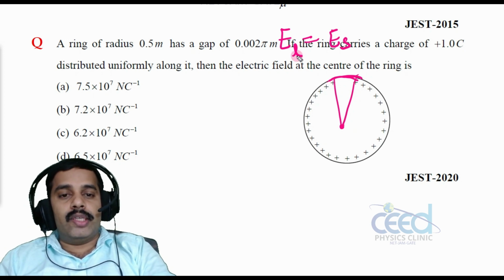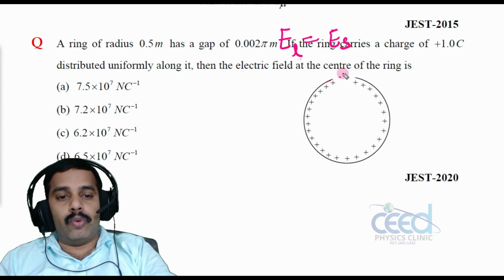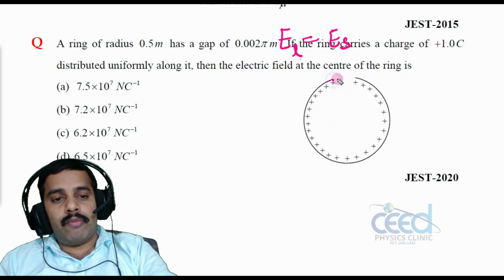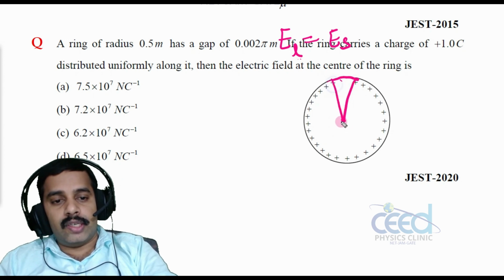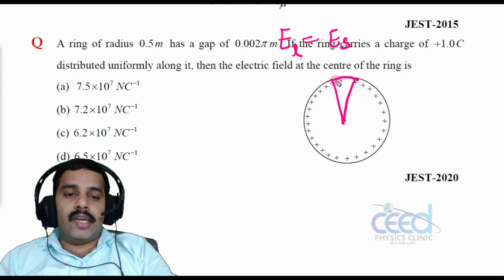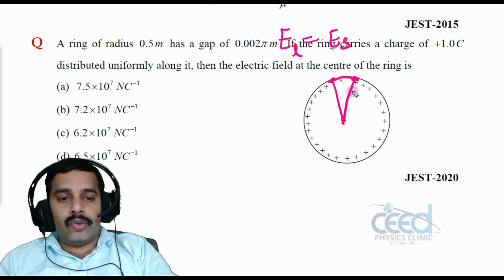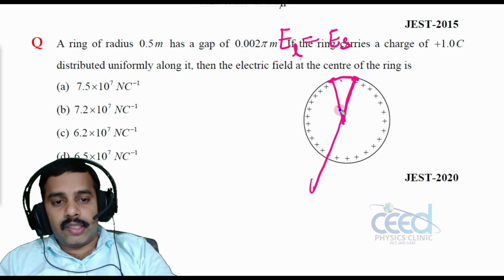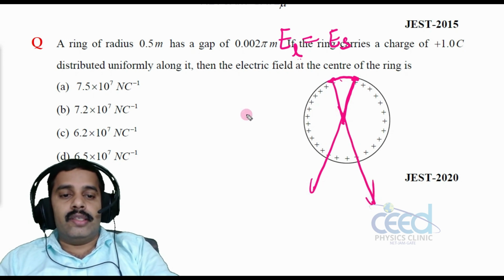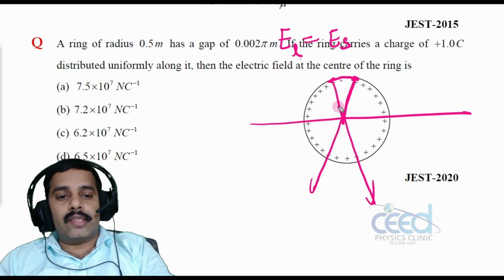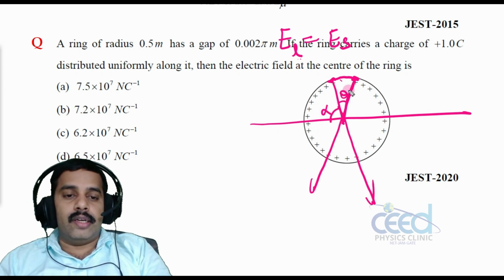So we can equate the electric field due to this large portion, that is equal to the electric field due to the missed portion. The missed portion I am going to draw here, so that is this, right? So if I am considering a small elemental length here and at this edge, so here the field is coming like this in this direction, here the field is coming in this direction, right? So if this is my axis, if I am considering this as alpha and this as theta, right?